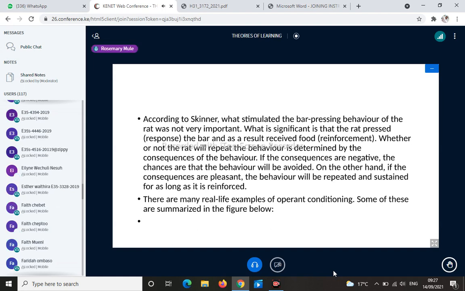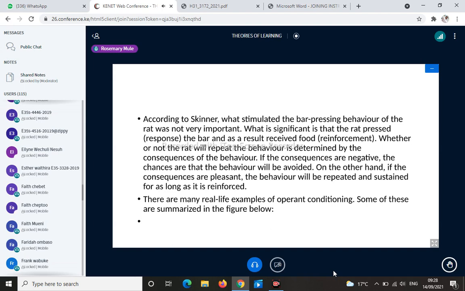If the consequences are negative, the chances are that the behavior will be avoided. We are saying negative in that if every time the rat pressed that bar there was no food coming, it would stop pressing, because it is moving around the box in search of food. But when it pressed the bar, some food pellets dropped.